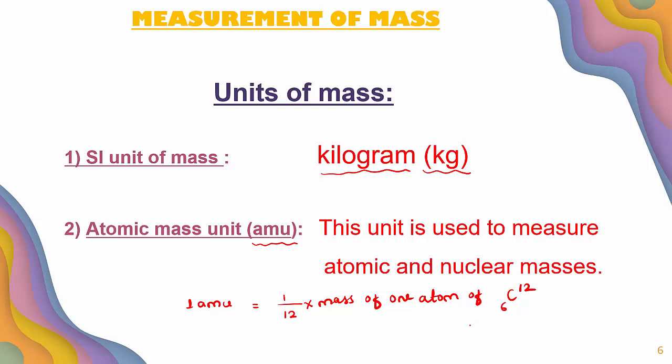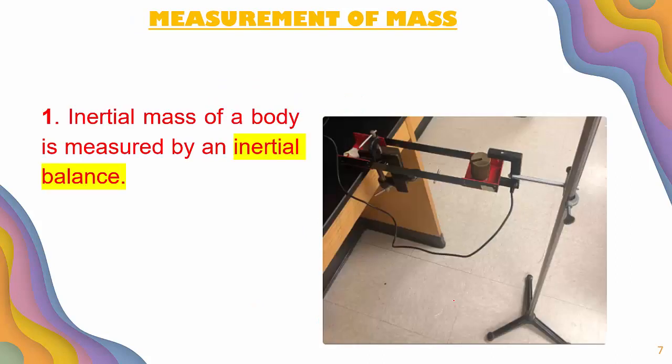That gives 1 AMU. In detail you are going to study in chemistry. Anyhow, the two important units of mass are, in SI we are using kg, and the other one is AMU, that is atomic mass unit.